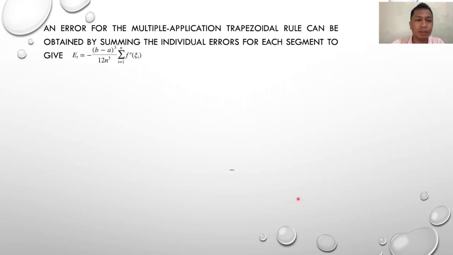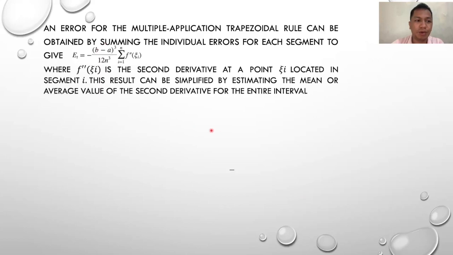An error for the multiple application trapezoidal rule can be obtained by summing the individual errors for each segment to give this error, where f double prime of xi is the second derivative at a point xi located in segment i. This result can be simplified by estimating the mean or average value of the second derivative for the entire interval.